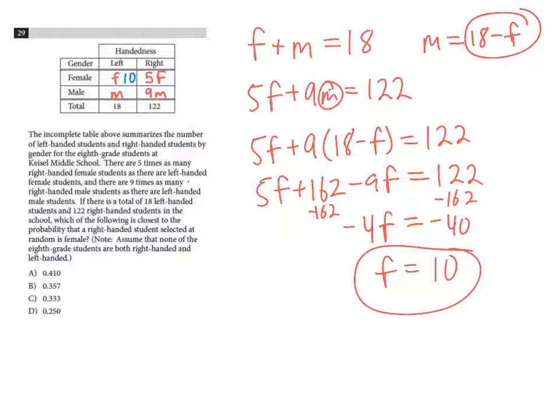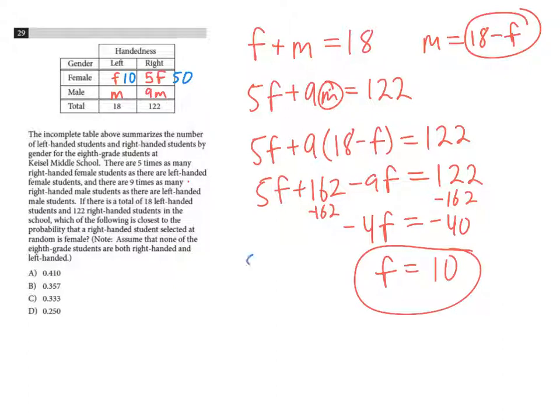Okay. And the question down here says, if there's a total of 18 left-handed students and 122 right-handed students, which of the following is closest to the probability that a right-handed student selected at random is female? Okay, well, if there's 10 female left-handed, there must be 50 right-handed.